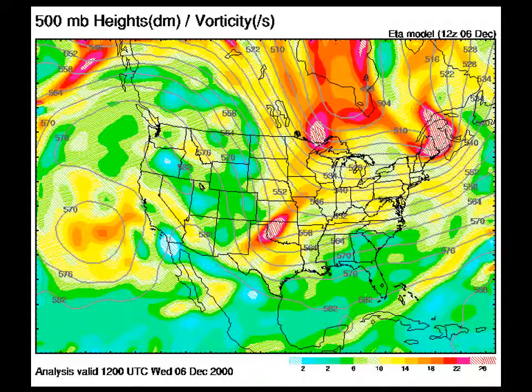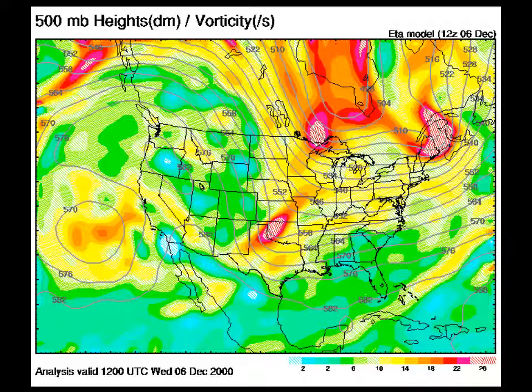So here's a map showing you that, and this is from a long time ago, from 2000. I probably should get a more recent one. But it does have good examples of ridges and troughs, and you can see where the troughs occur. You have the hatched red areas, which indicate very high vorticity, in this case 26 times 10 to the -5th.